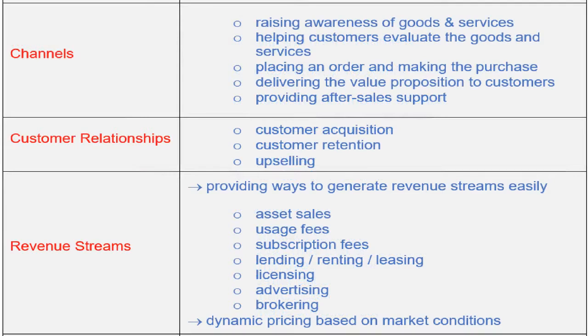Channel. Problem: raising awareness of goods and services, helping customers evaluate the goods and services, placing an order and making the purchase, delivering the value proposition to customers, providing after-sales support. Customer relationship. Problem: customer acquisition, customer retention, upselling.